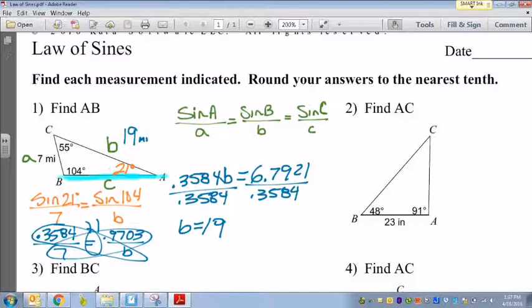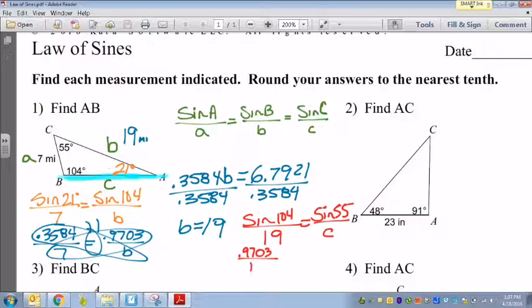So just to prove the theory, we'll do angle B, so sine of 104 over 19 equals, and this time we need to find side c, so sine of 55, which is angle C, over c.